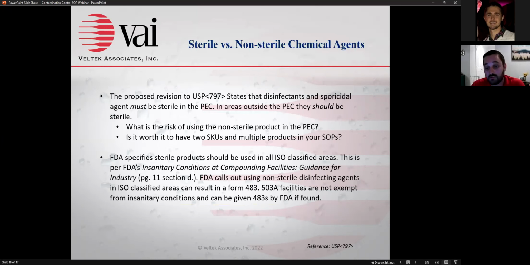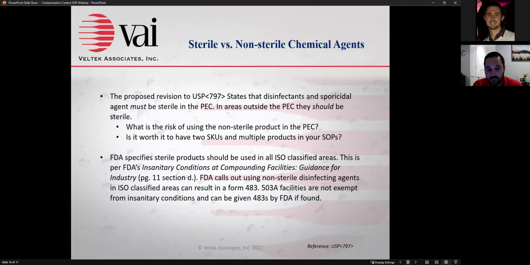And one thing to reference, I did put a note here. FDA does say that sterile disinfectant sporicides should be used in all classified areas. This is referenced in their insanitary conditions document. It's a guidance for industry document.